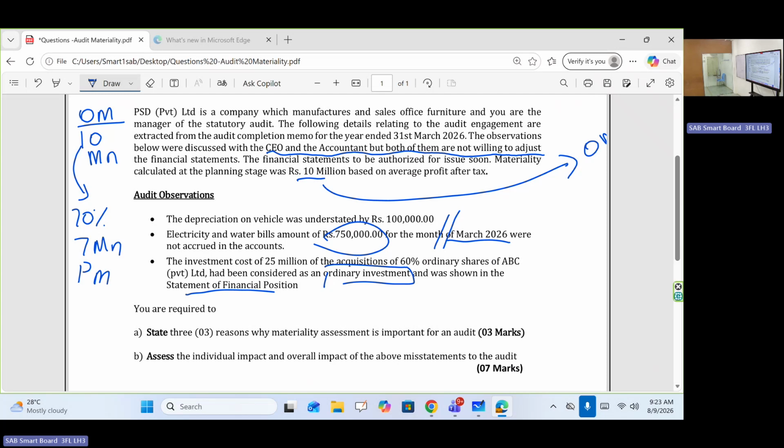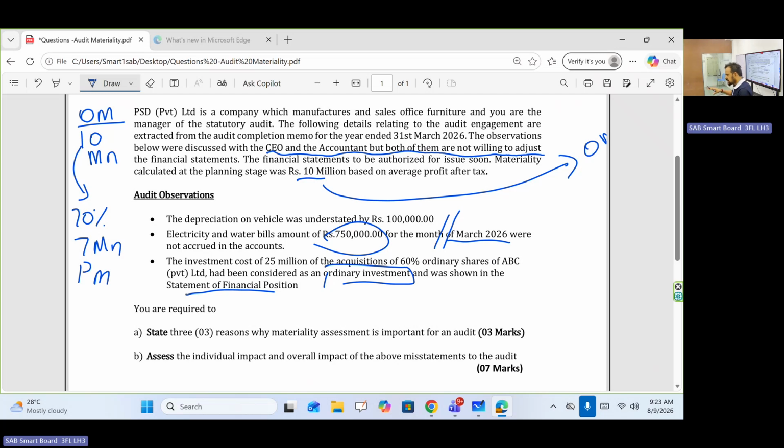With 51% shareholding in one company, how can we classify that holding? Subsidiary, associate, or just investment? Subsidiary, because that company has control.